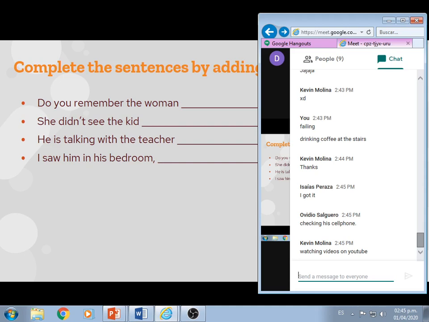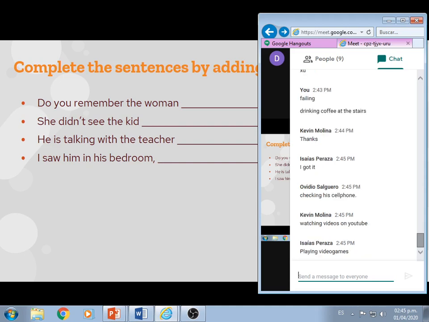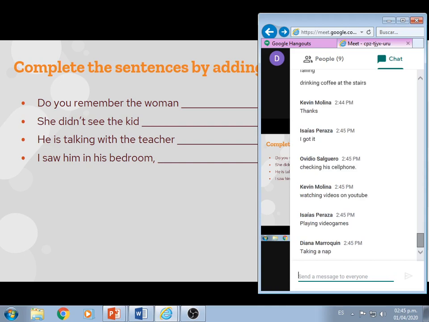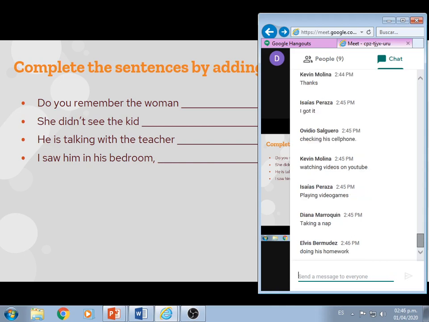What else? Playing video games, exactly, Isaias. Taking a nap, yeah, okay, Dan, that's something good. Doing his homework online, yeah. Taking his classes with teacher Dennis, maybe.